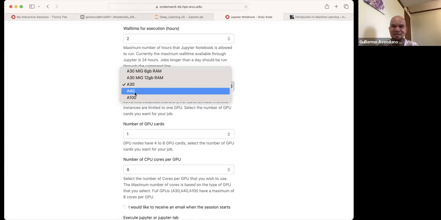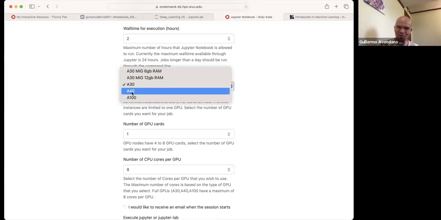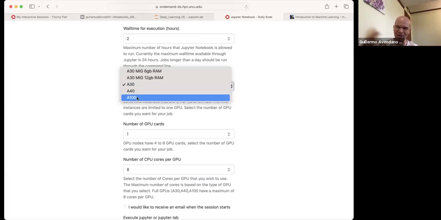The A40s are slightly better, but only in double precision. So if you are working in single precision, in those frameworks like PyTorch, you can select that you want to use single precision. Funny thing is, the A30s work better than the A40s, despite what the name suggests. But for double precision, the A40s are better. And the A100s are better than anything else, on both single and double precision.